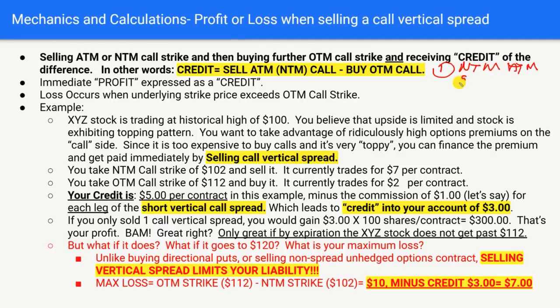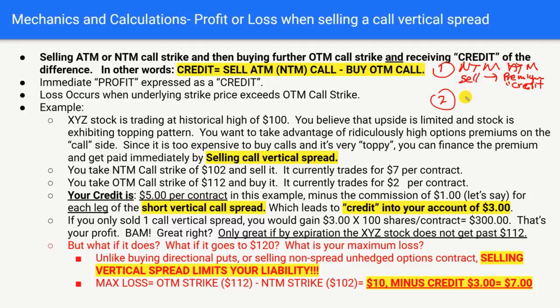We're going to sell those, pocket the premium, which is called a credit. And then to protect against infinite downside in this situation, you could end up owing more than what you got the premium for. Let's say you got $1,000 and Tesla rips up 500 points. Well, guess what? You're going to owe all that.